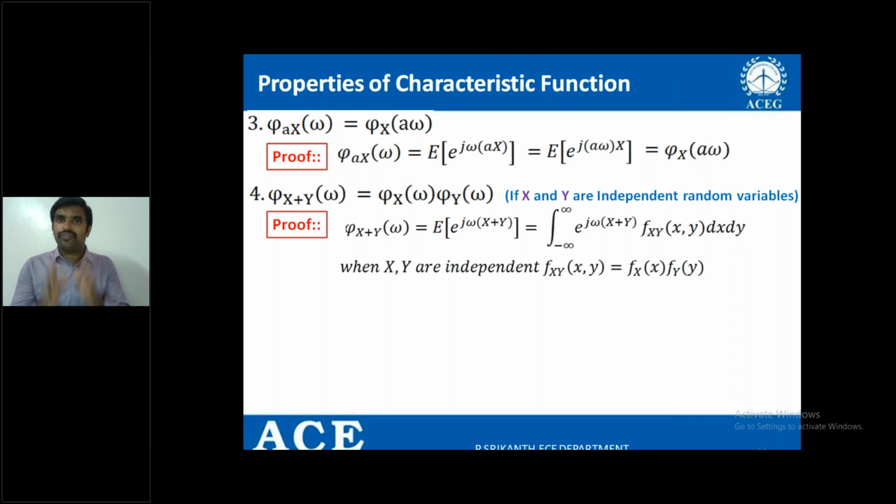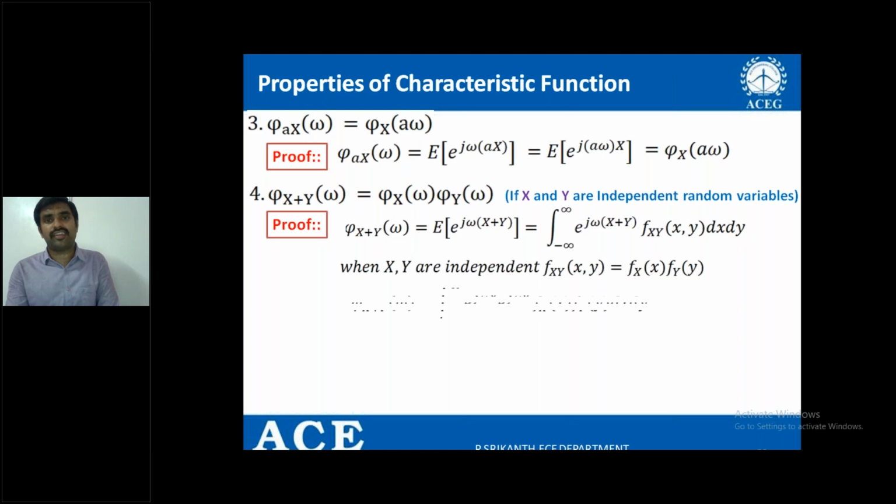We are going to prove this relation in the further topics. For the time being, you just remember this relation, right? So fxy of x comma y equals fx of x into fy of y when the two random variables x comma y are statistically independent, right?